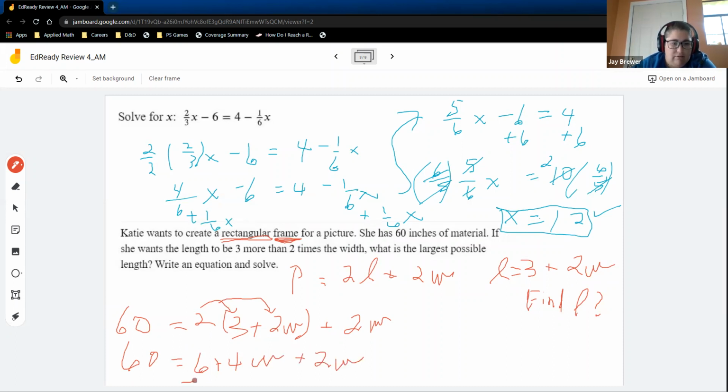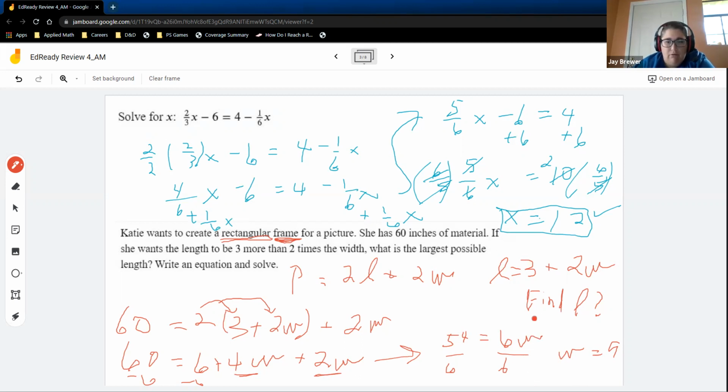So then if we take 6 away from 60, we'll have 54 equals, and 4W plus 2W will give us 6W. So divide by 6, divide by 6. W equals 9 inches.